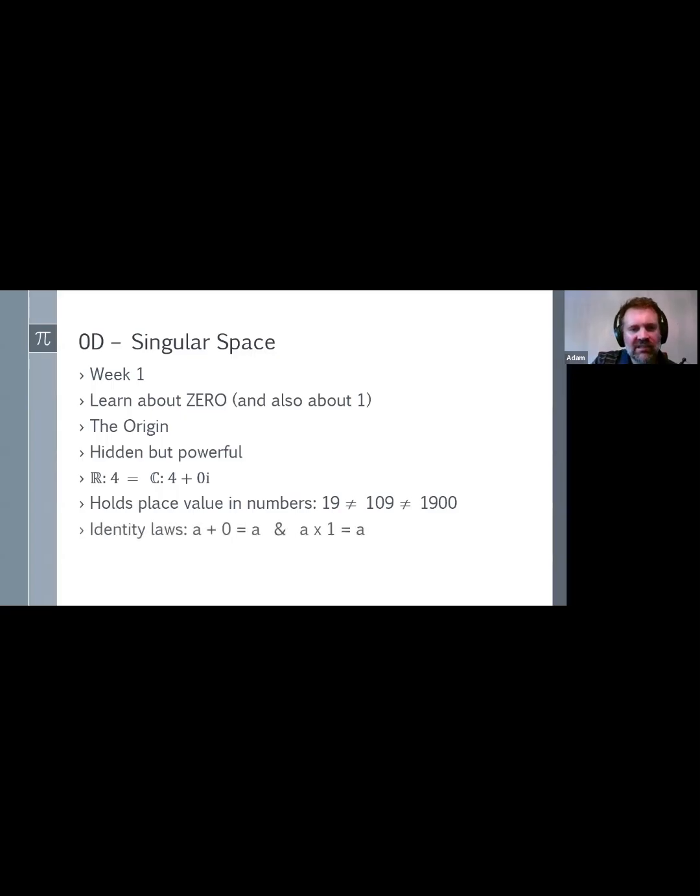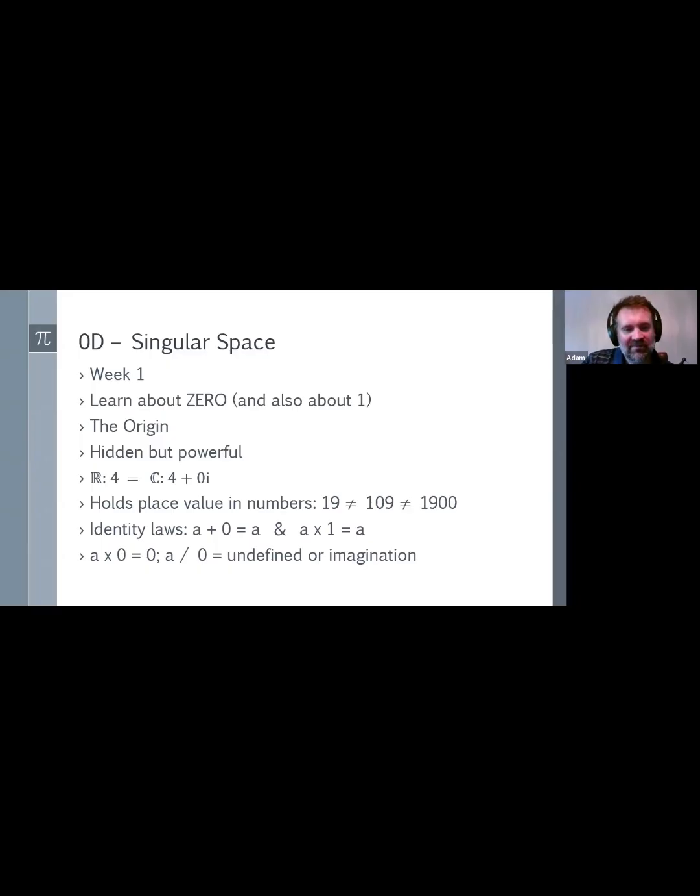Also, there are identity laws that use 0 and also 1 to make it so we know that anything plus 0 will equal itself, and anything times 1 will equal itself. So we know these laws are very important. We also understand that anything multiplied by 0 is 0, and we cannot divide by 0, so that's undefined, and sometimes it's called imagination.